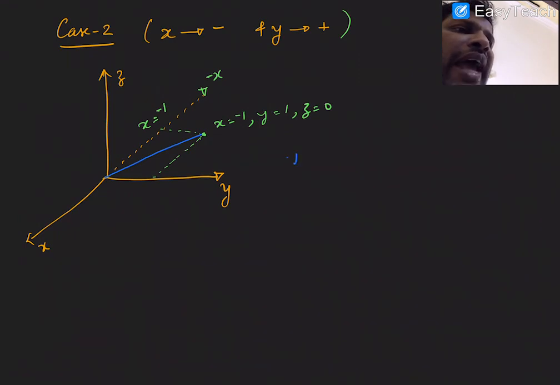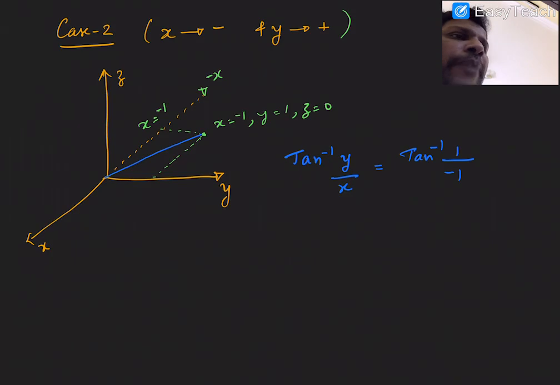Now if I take the tan inverse of y over x, let us see what we are going to obtain. What is my y? y is equal to 1 and x is equal to minus 1. So you will get tan inverse as minus 45 degrees.